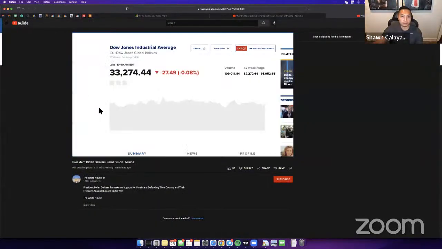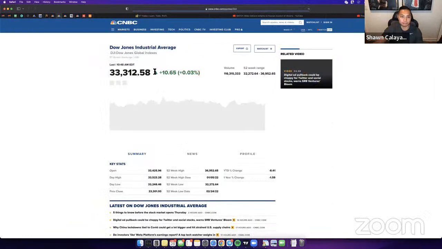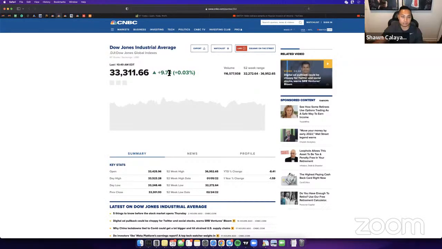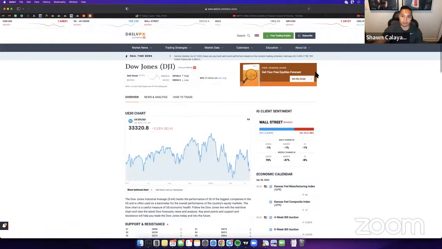This number right here, you can see earlier it was like positive 200, then it went down to negative 10, now it's back to positive 10. This number changes quite often, really quickly. The sentiment here doesn't change that quickly, so it's more of a staple in identifying what the bias is.